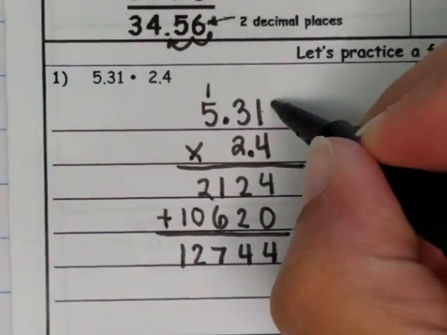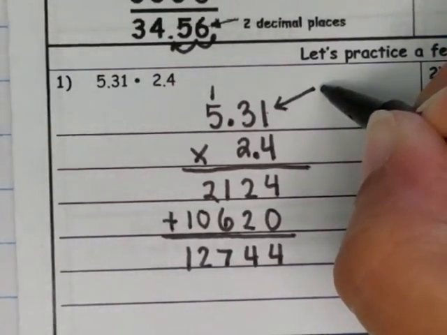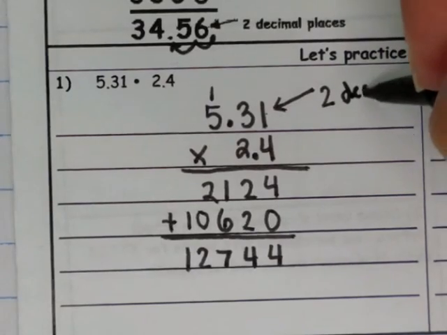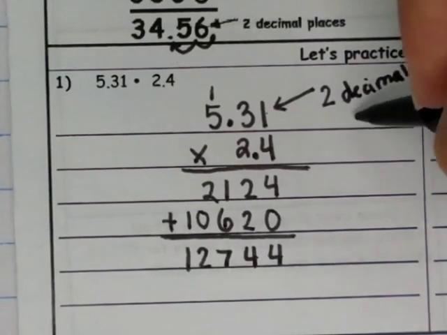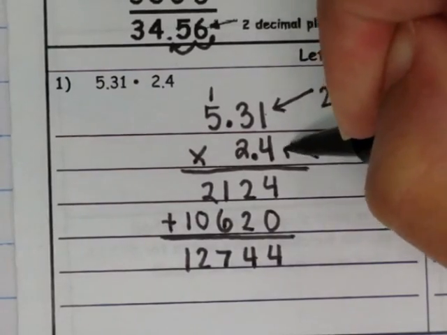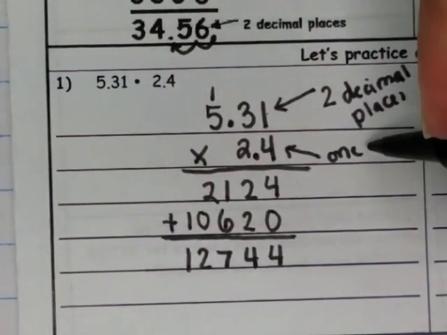So let's look at how many place values this one has. This has 2 decimal places. This one has 1 decimal place, and we mean how many places after the decimal.